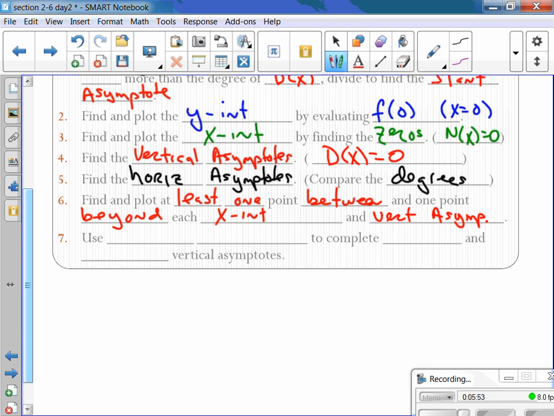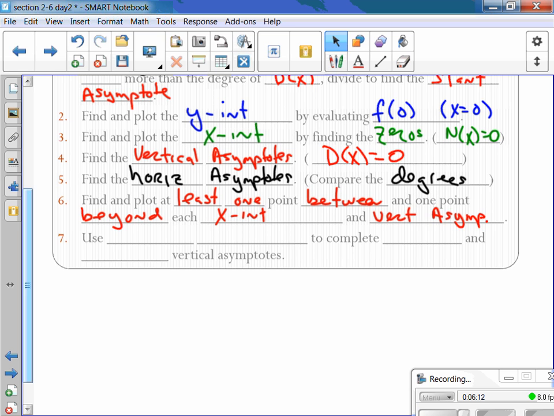My x-intercepts are at x equals. My vertical asymptotes are at x equals. So we're using these to split up our number line and just choosing a test point to find out, is it going down? Is it going up? Is it over here? Is it over there?